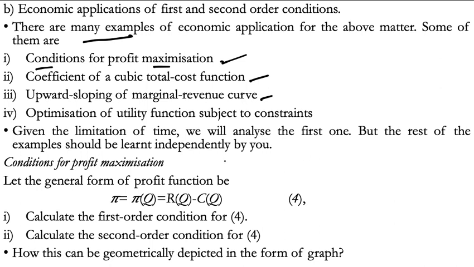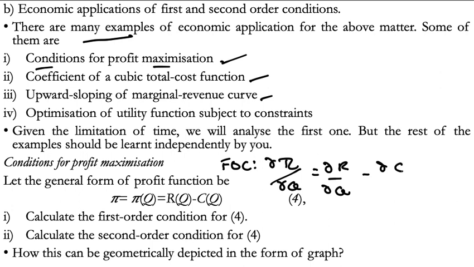So the first order condition is delta P over delta Q, which is delta R over delta Q minus delta C over delta Q, and equate it to 0. Once you equate it to 0, then only you can call it first order condition. If you don't equate it to 0, it's just a simple partial differentiation.